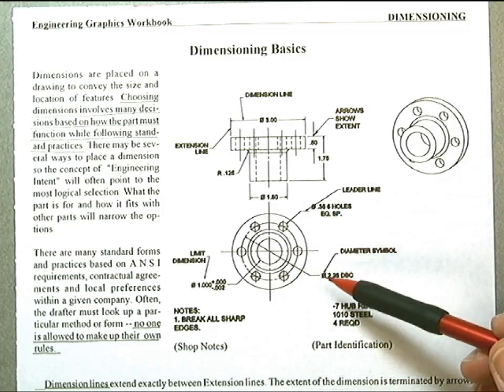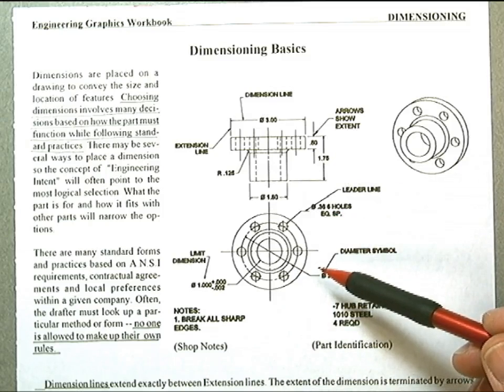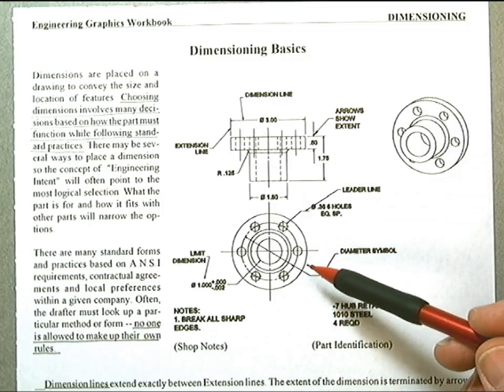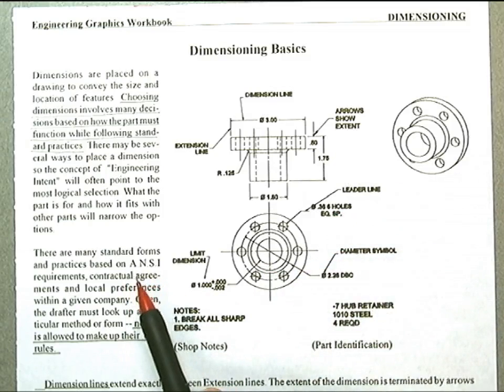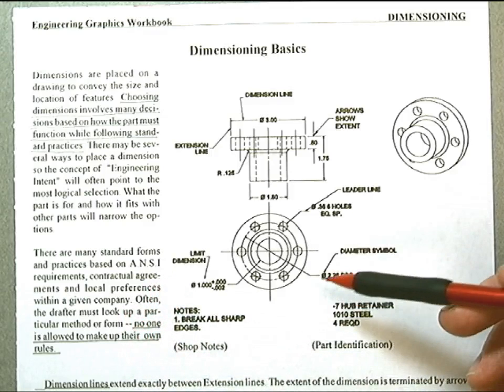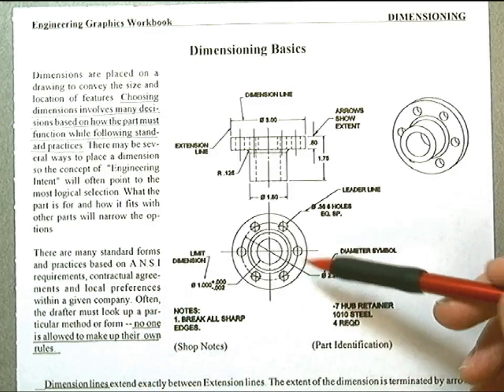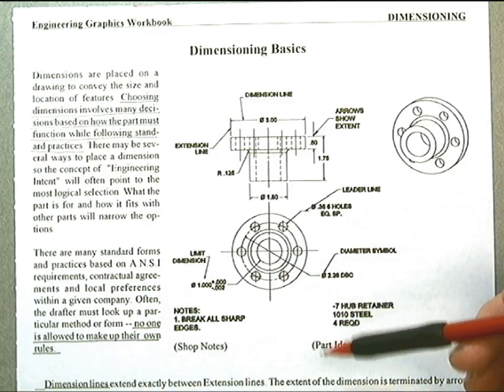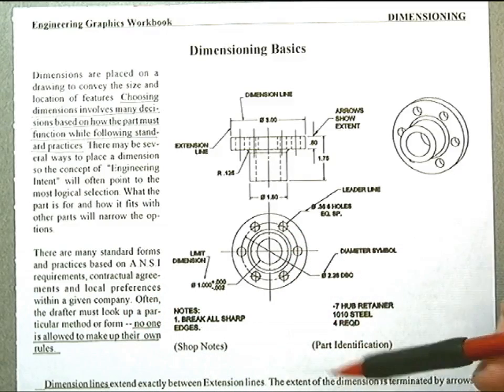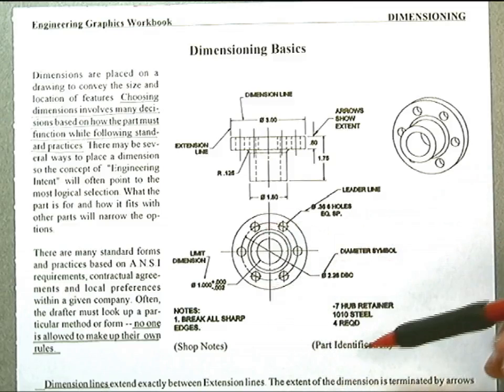There's many different forms and practices based on the American National Standards Institute requirements, but companies will have their own interpretation, or if they're working with the federal government or military, they may have additional requirements.